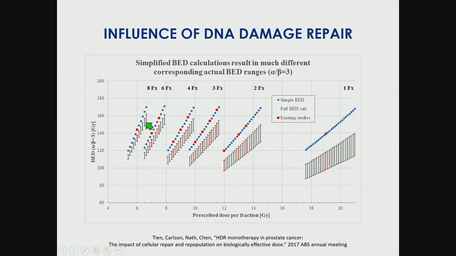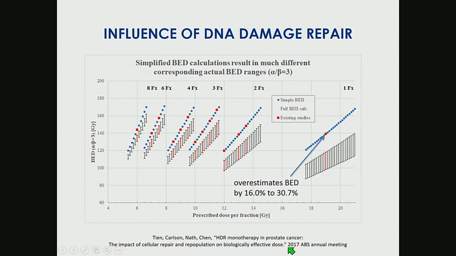So if you look at this, as you decrease the number of fractions, going to extreme hyperfractionation, you can see the differences between the BED calculated using the simplified model and the full model increase. And the range also increases for the patients treated at different time points within a source change cycle. So these differences can be 16% up to 30%.